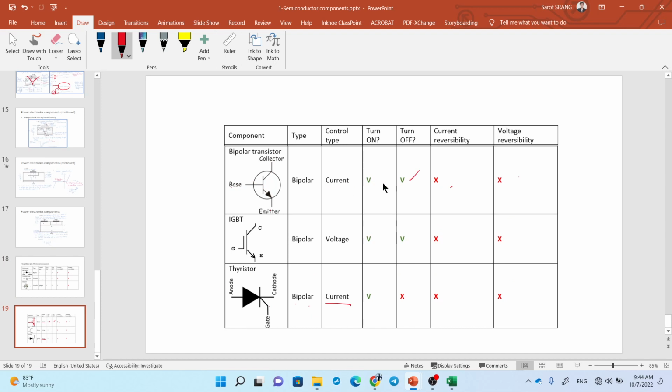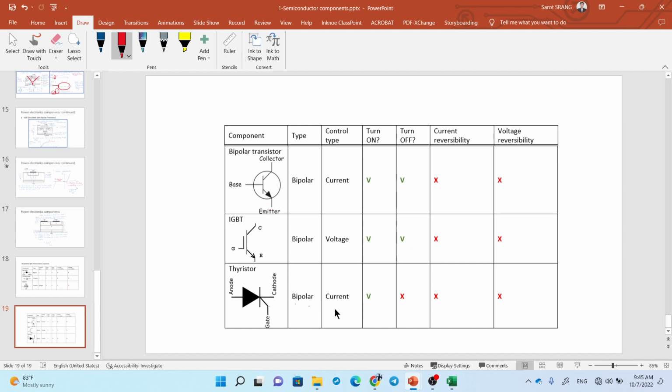Again, for IGBT, the control type is voltage, same as MOSFET, and we can control it to turn on and to turn off. No reversibility of current and voltage.